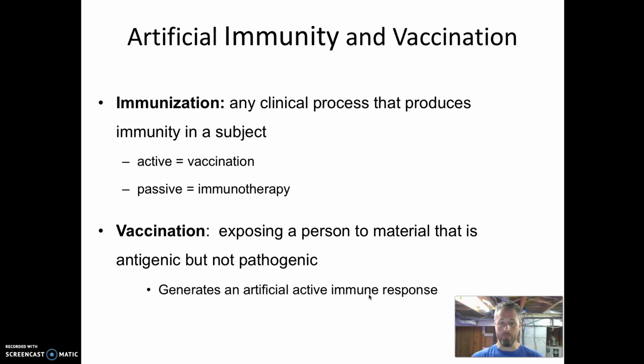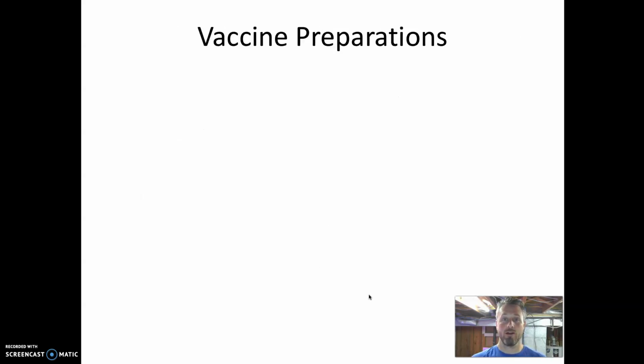So, again, this is going to generate an artificial active immune response, and we want to think about how we make these vaccines. So let's look at a couple approaches to vaccine preparation.